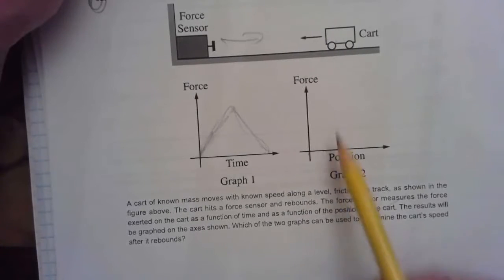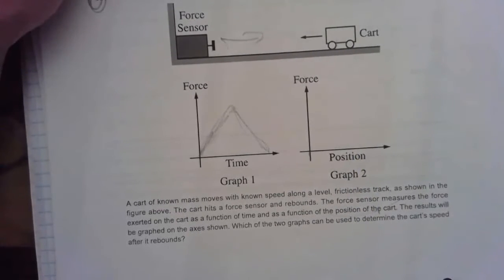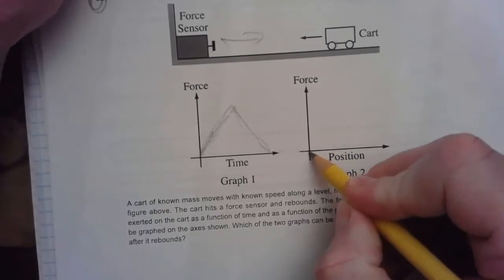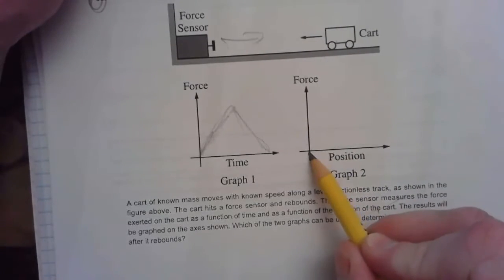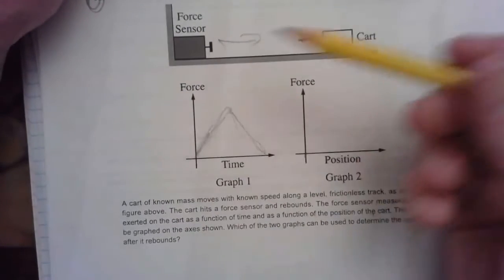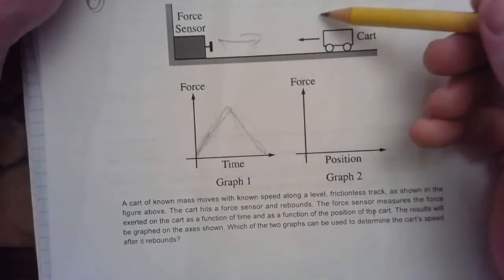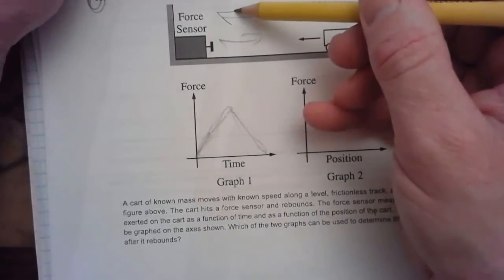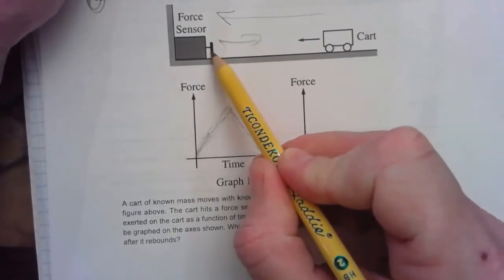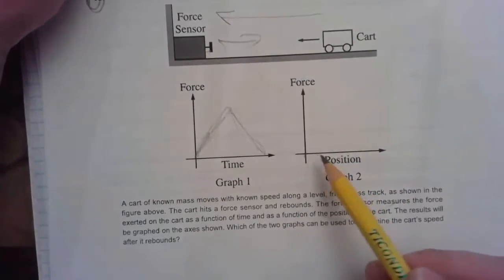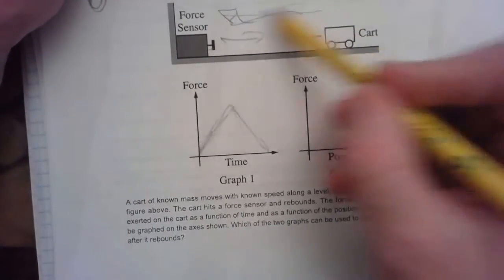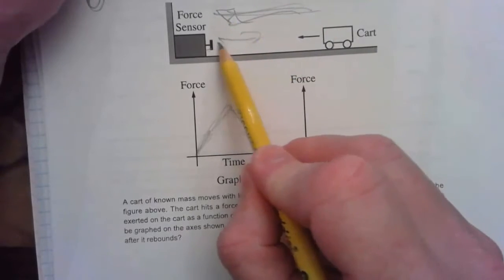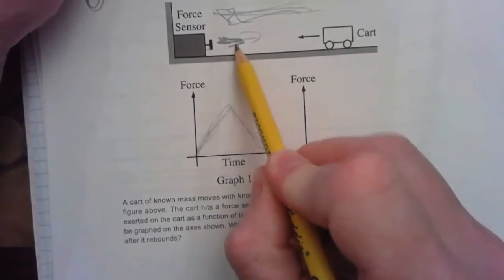The position's interesting. Where do you want to make the 0 point? So we could say, if the force is negative, then the displacement's negative. So let's call the force positive. Let's say this way is positive. So the force is going to be negative.